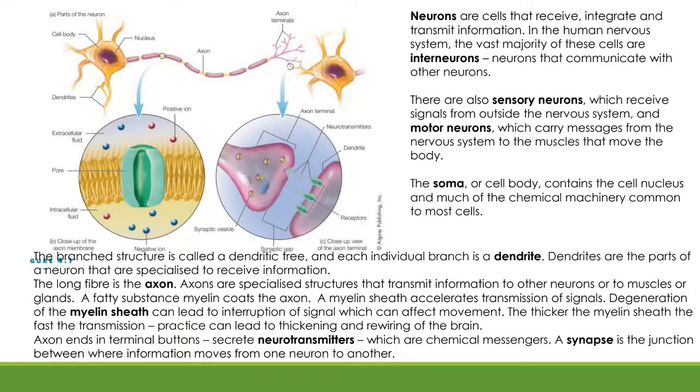So if, for example, you put your hand on a hot plate of a stove and you feel it burn, your first reaction is to pull your hand away. That is a sensory input that comes through our fingertips, through our sensory nervous system, through our sensory neurons, and then our motor neurons are the neurons which carry those messages back to pull our hand away. So we have sensory and motor neurons.